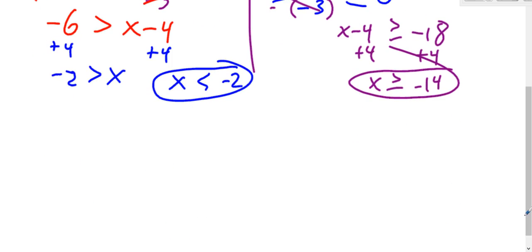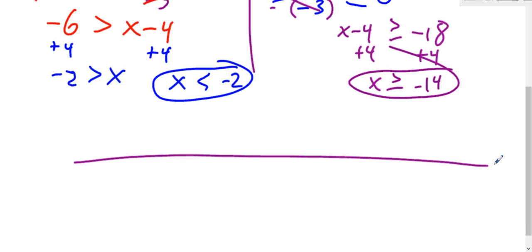So we need to graph these two solutions. We've got -2 and -14 are our numbers, so we're going to put those on the number line. -14 would be more to the left than -2. At -14, it has a bracket because of the equal, and it's pointing to the right because the arrow is pointing to the right.